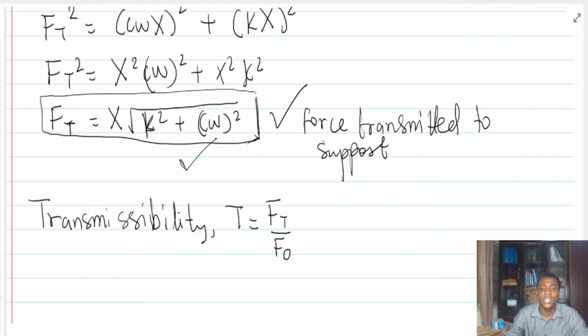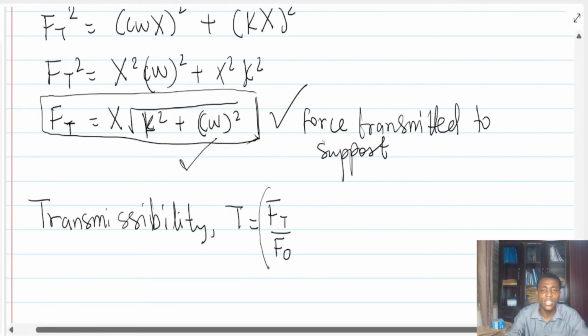In other words, what fraction of the force is transmitted to the support? That's what you want to ask yourself. Now, since we know Ft and we know F naught, we can play around with something. So let's do that.